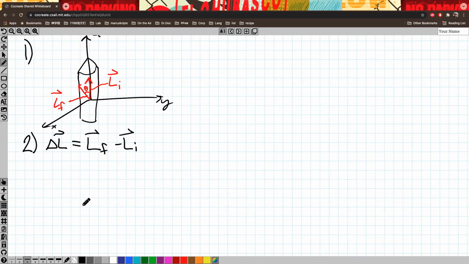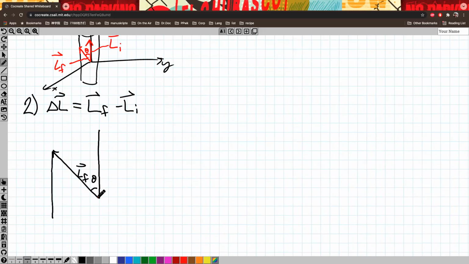So we have a vertical line like that, and L final is going to be an angle theta away from it. And then this is negative L initial.